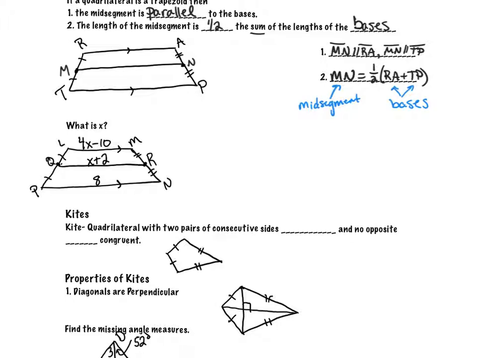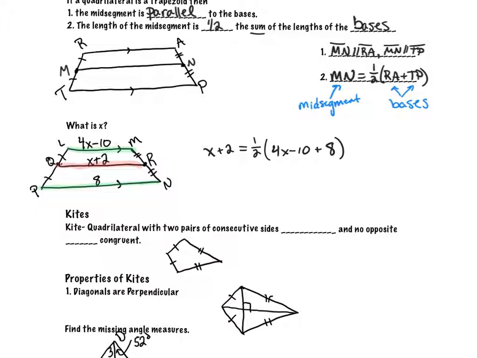The mid segment is QR, so X plus 2 is equal to 1/2 times the lengths of my bases. My two bases are LM and PN: 4x minus 10, added to my other base, plus 8. Now I have an equation I can solve.